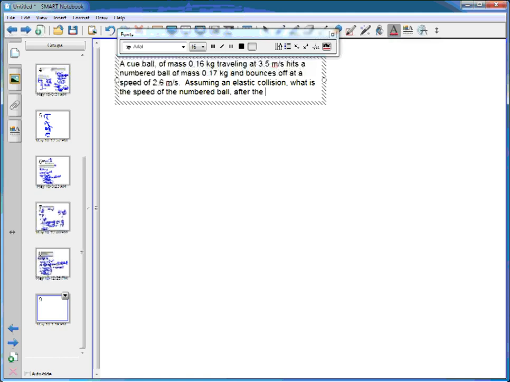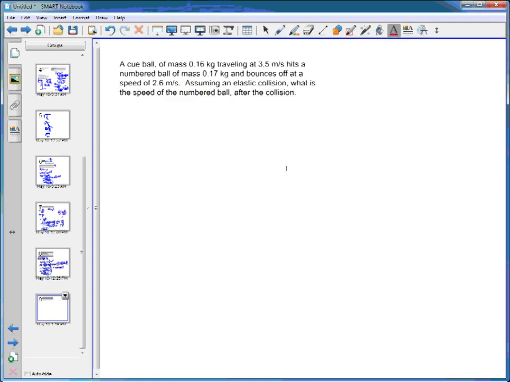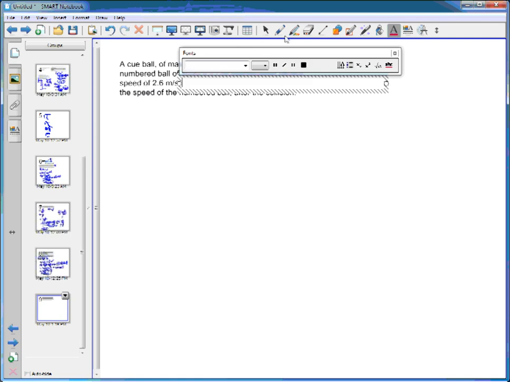Okay, well, again, in an elastic collision, kinetic energy is conserved. In other words, the total kinetic energy of both balls beforehand is equal to the total kinetic energy of both balls afterwards. So, let's put that out.